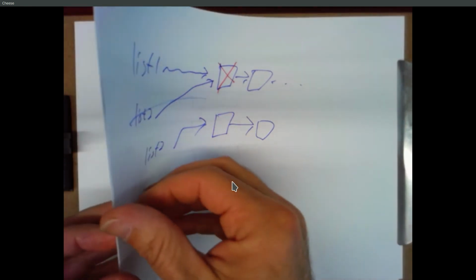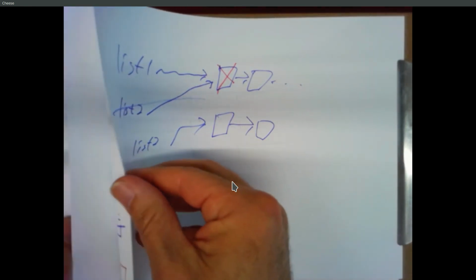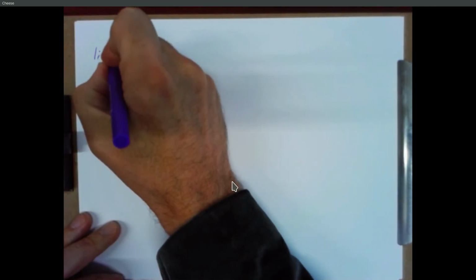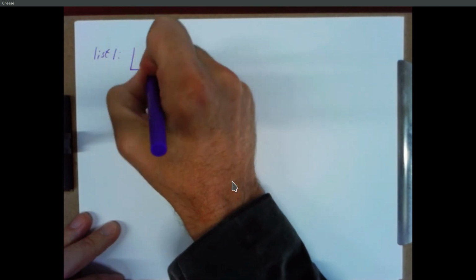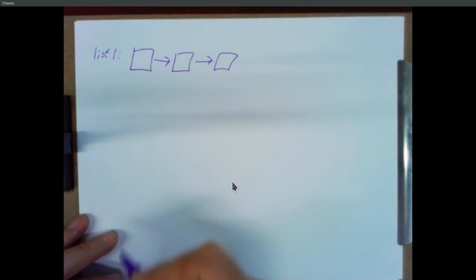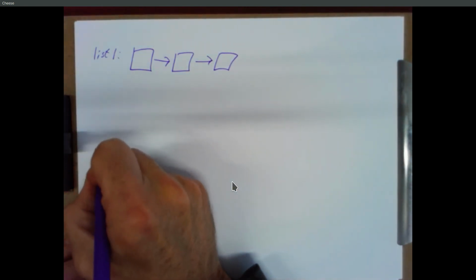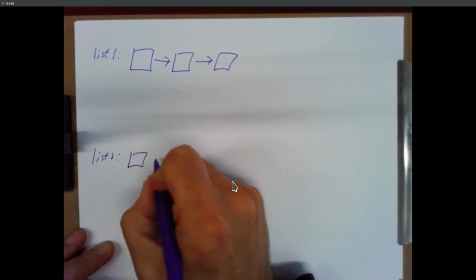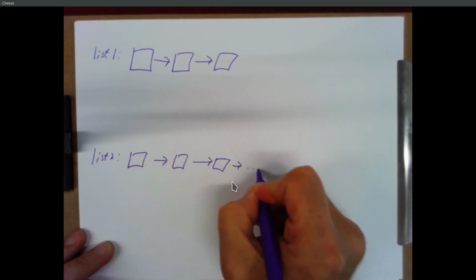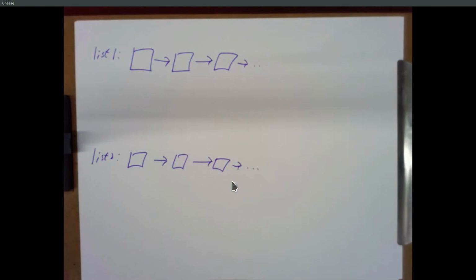Because here's kind of what the picture looks like. Here's list 1. It's got a bunch of nodes pointing to nodes pointing to nodes. Here's list 2. It's got its own nodes pointing to its own nodes. Well, these nodes have a data field inside, right?